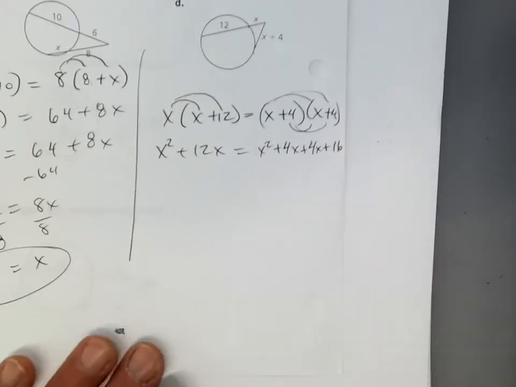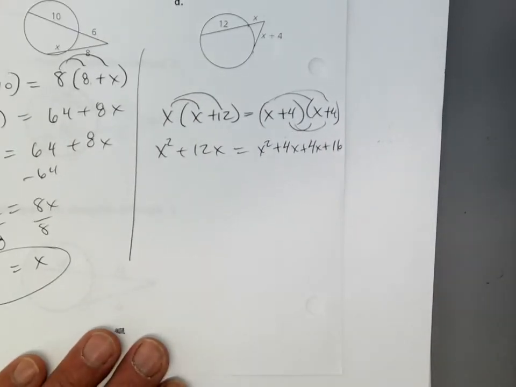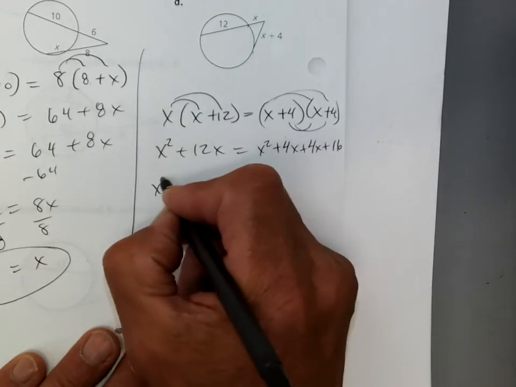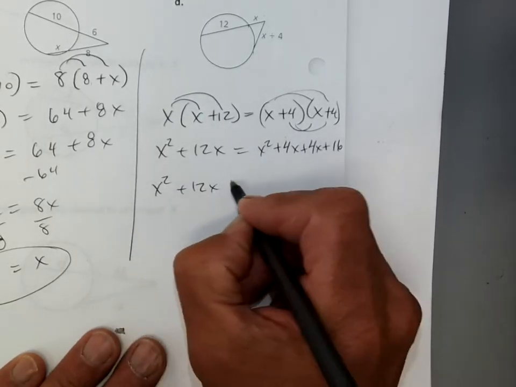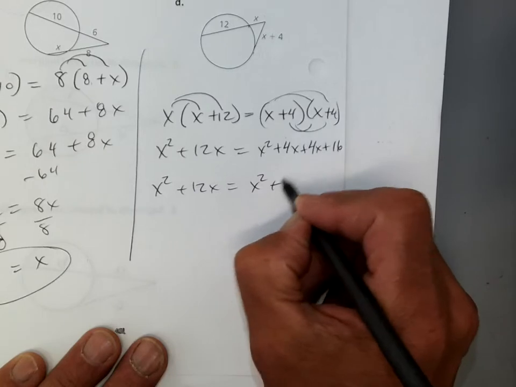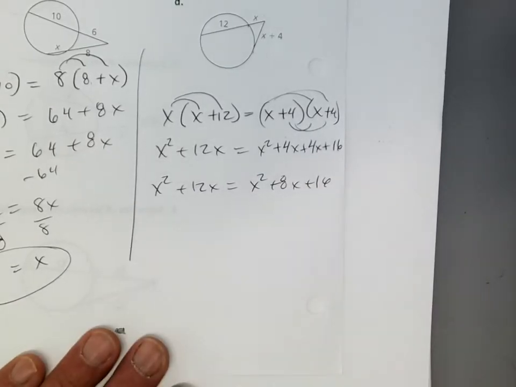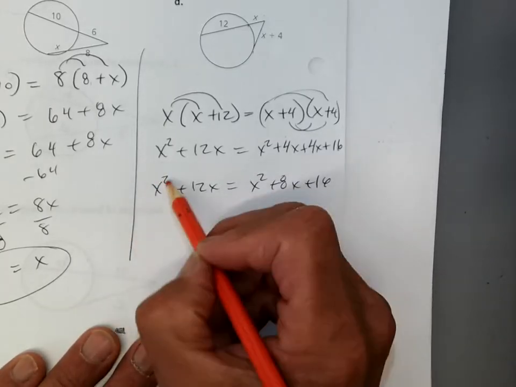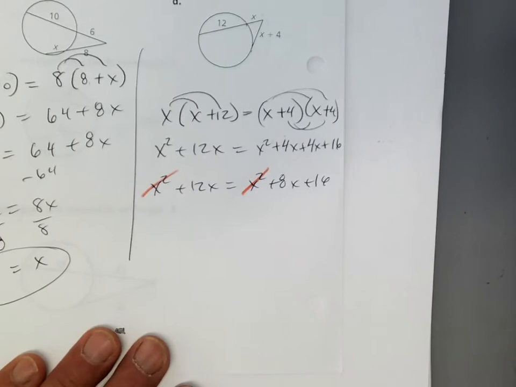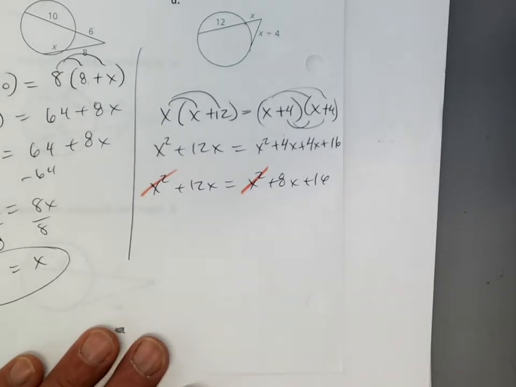How am I doing? So just 8x. Yes. x squared plus 12x equals x squared plus 8x plus 16, right? The x squareds cancel. Nice job, Cameron. You guys agree with Cameron? The x squareds cancel, because you can subtract x squared from x squared.